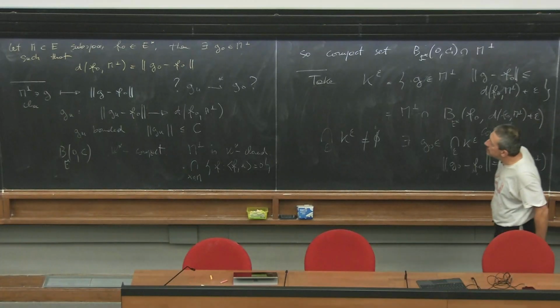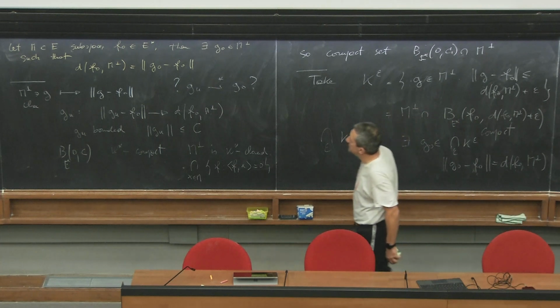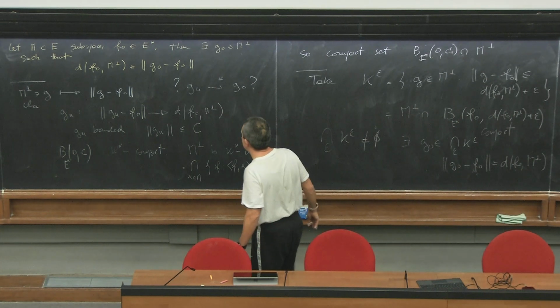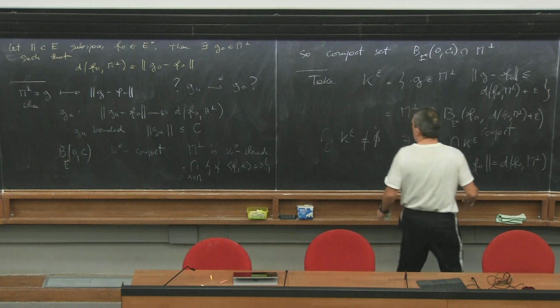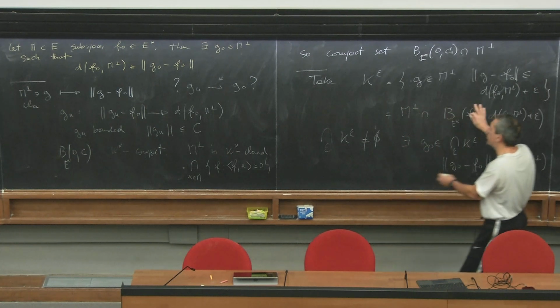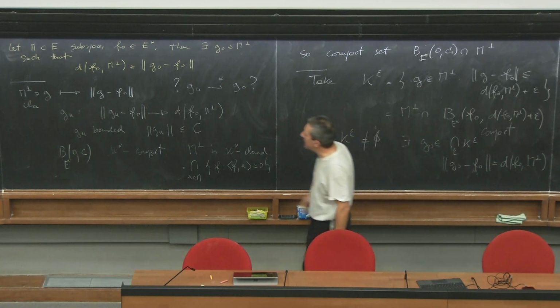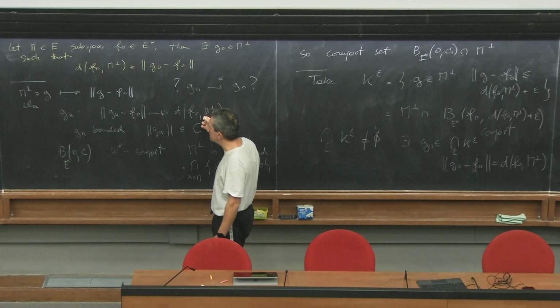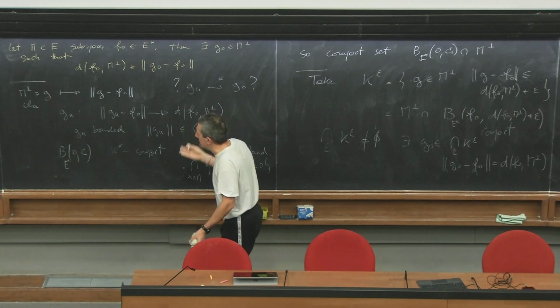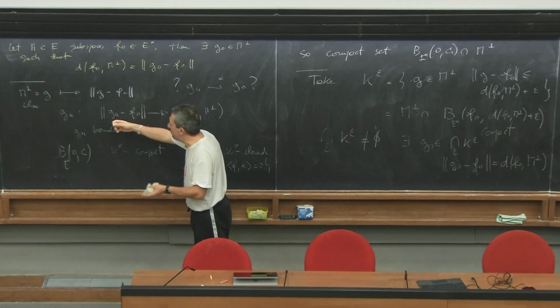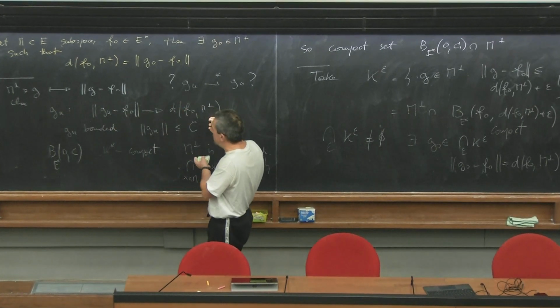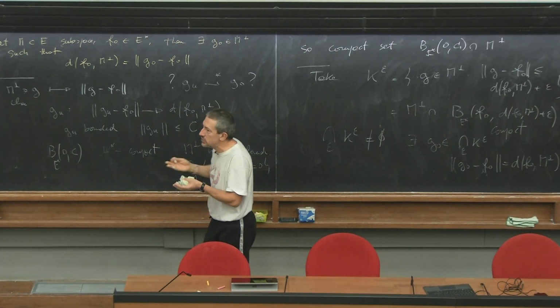G0 is the infimum because the norm is lower semi-continuous in the weak star topology, and our set is compact. So the proof is here. No, in the previous reasoning you said you take G_n which converges. Yes, and then you have a point, its limit. So I'm asking why the limit is non-zero.